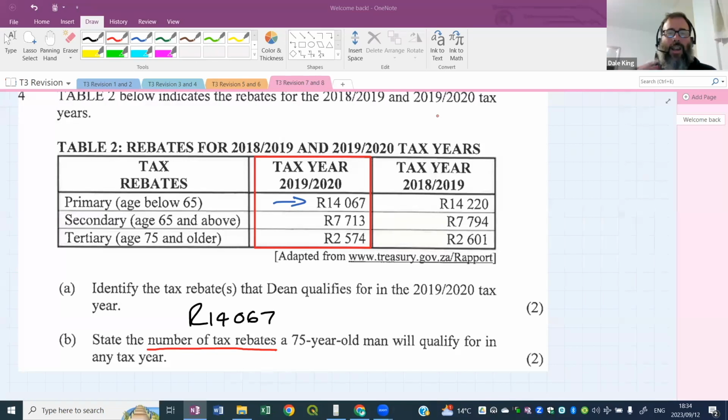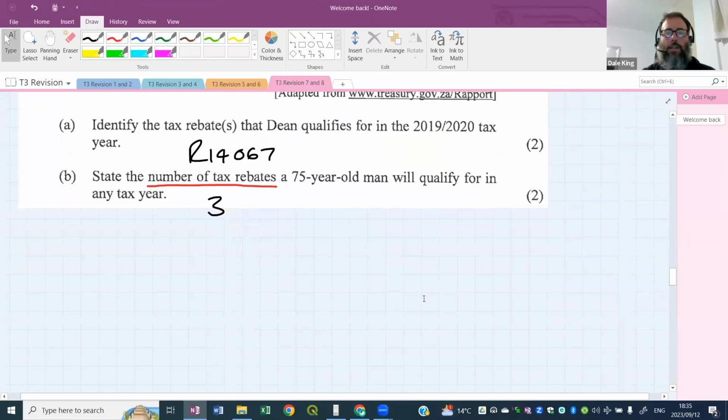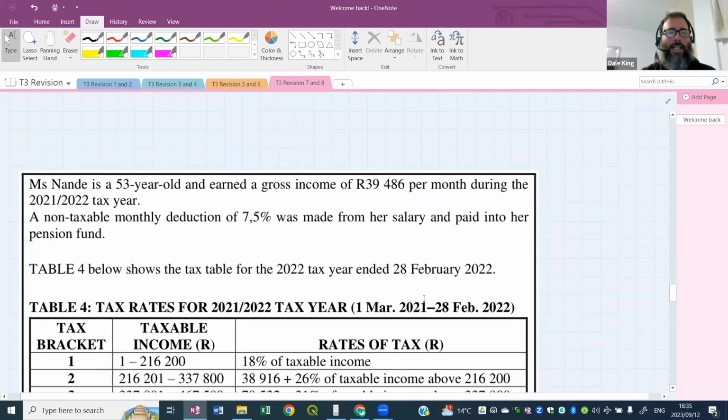It's state the number of rebates. So there are 3 rebates for someone that is 75 years old. It says you're age 75 and older. He is 75 on the dot, which includes the 3rd rebate. So he gets 3 rebates. Nice and easy questions. Let's see what's next.